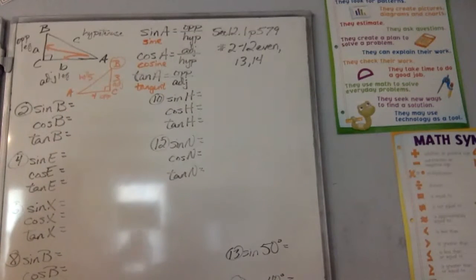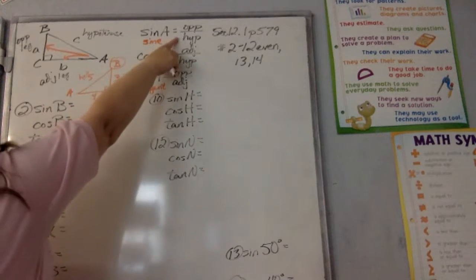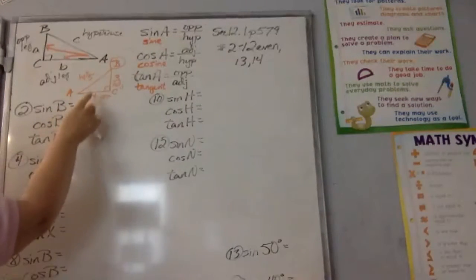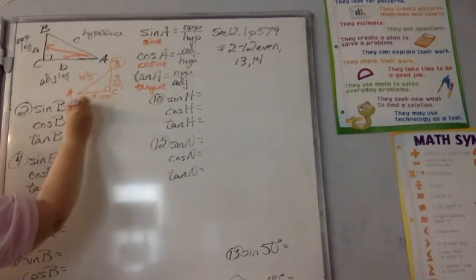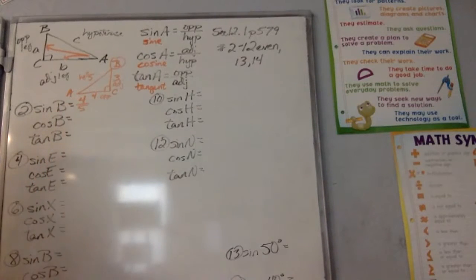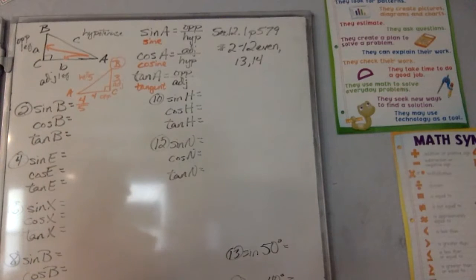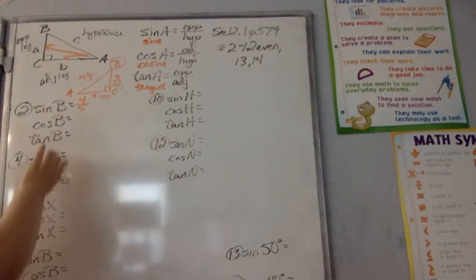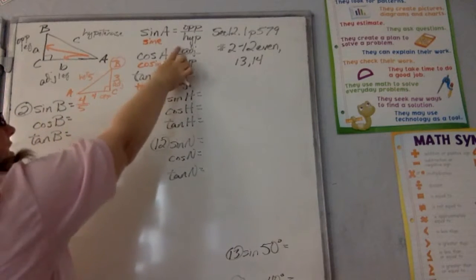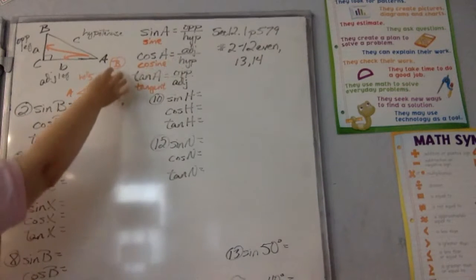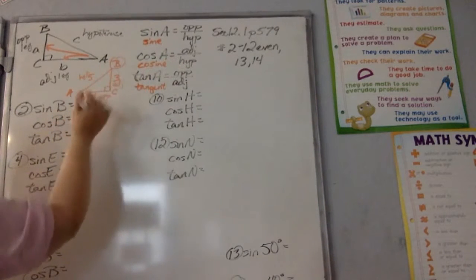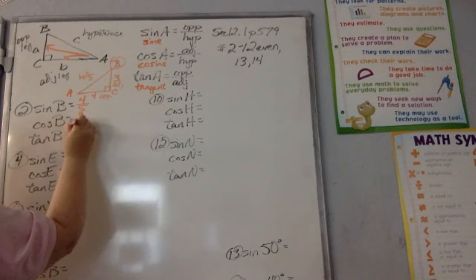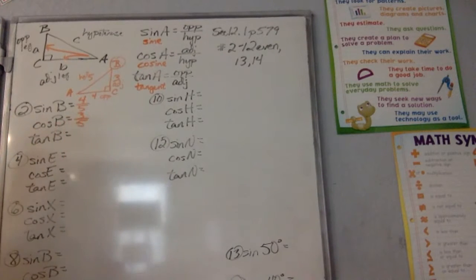So if I want the sine of B, I'll just write that fraction. Opposite over hypotenuse. The opposite was 4, the hypotenuse was 5, so that's my sine of B. My cosine of B is the adjacent side over the hypotenuse. My adjacent side was 3, and my hypotenuse was 5, so it's 3 over 5.